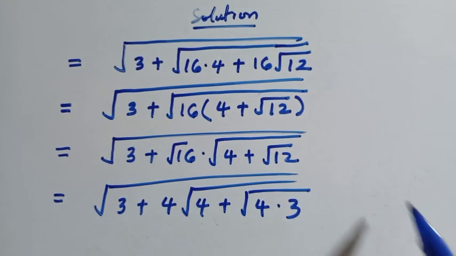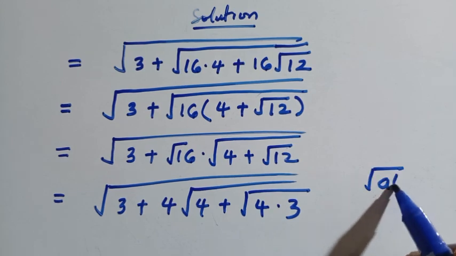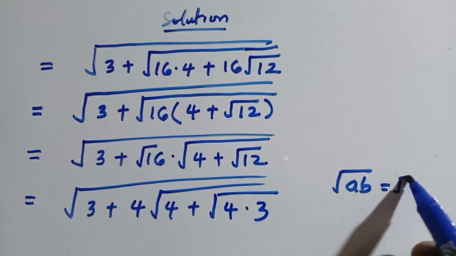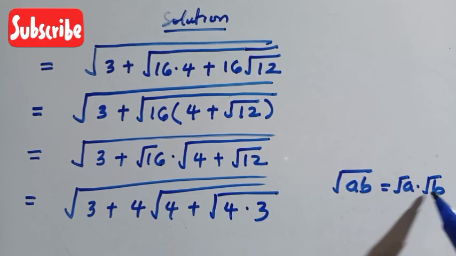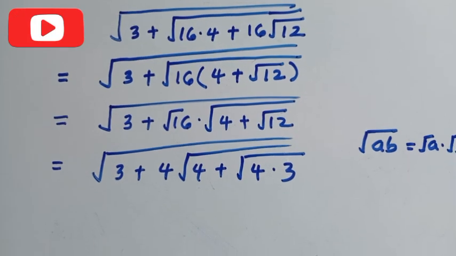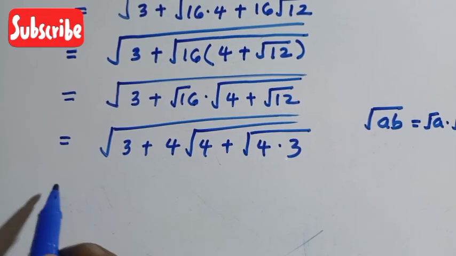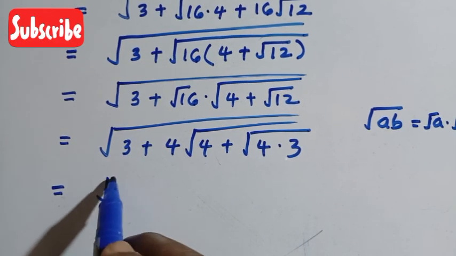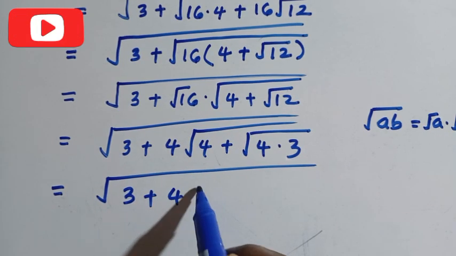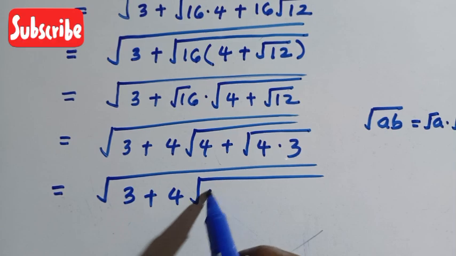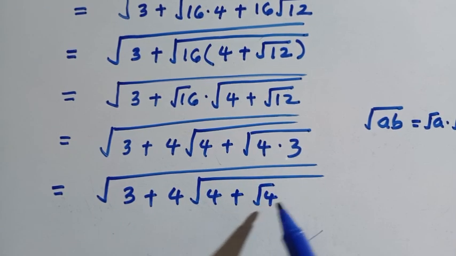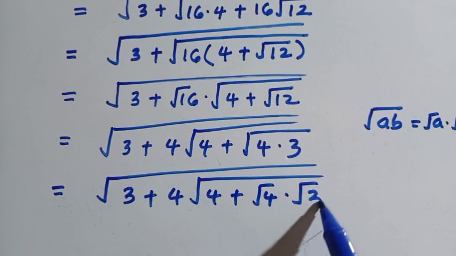And we consider this rule. Let's say we have the square root of AB. This equals the square root of A multiplied by the square root of B. And by applying that, we are going to have this equals the square root of 3 plus 4 square root of 4 plus the square root of 4 multiplied by the square root of 3.